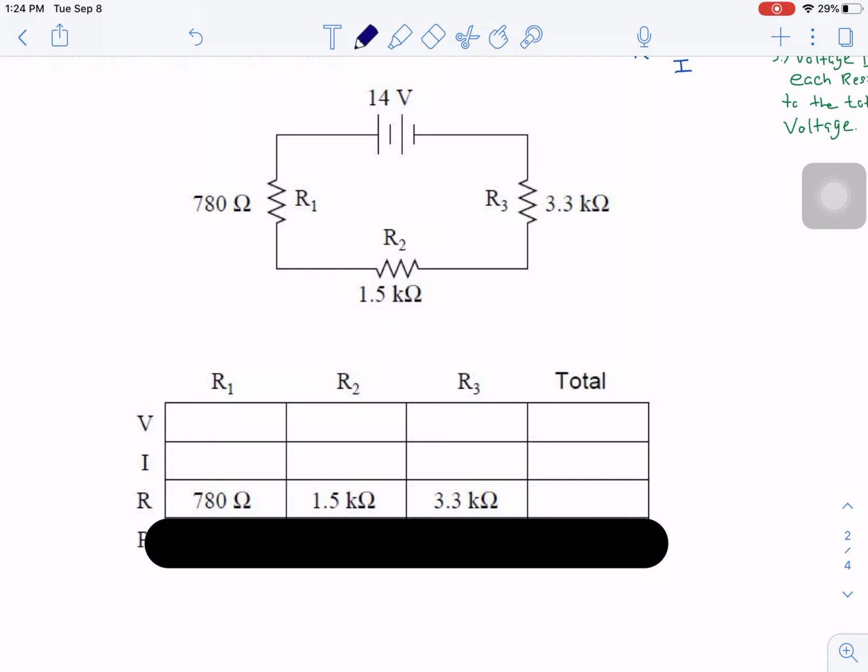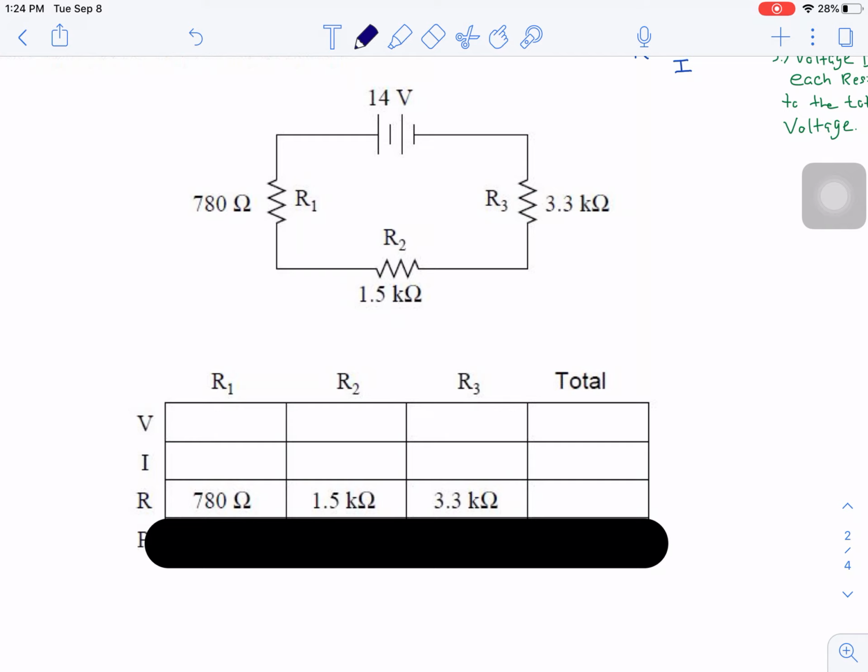If you just start trying to pick random things like, what is the current at R2? Or, what is the voltage drop at R1? If you start trying to pick those out randomly, you're going to get lost in this problem. You need to look at this problem by asking yourself, what can I solve with the information I have? So what can I solve?